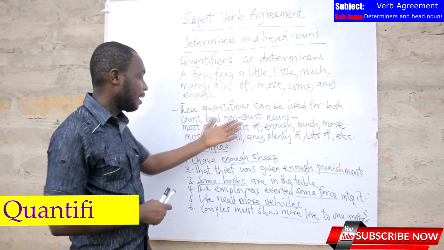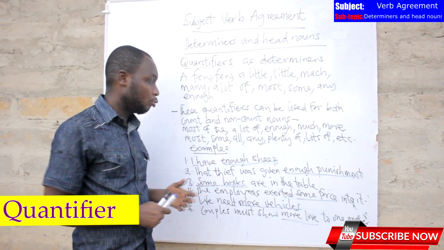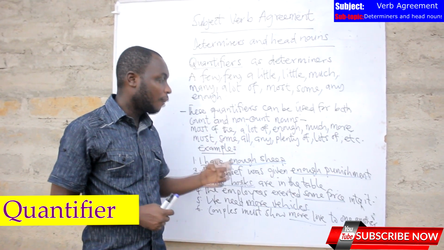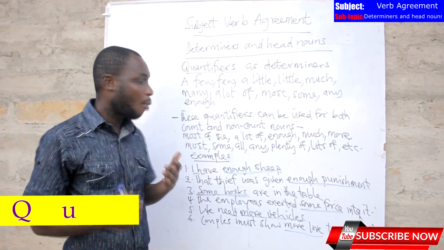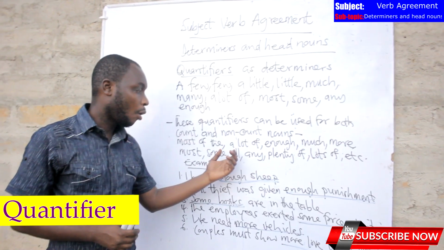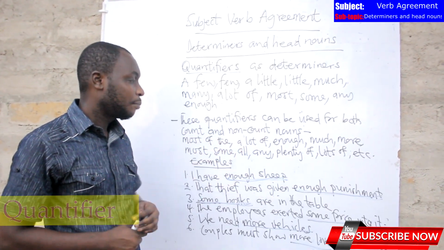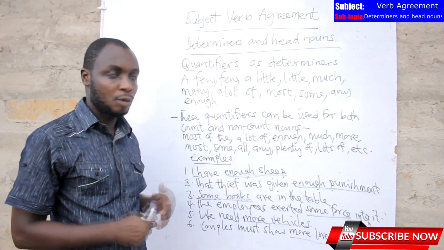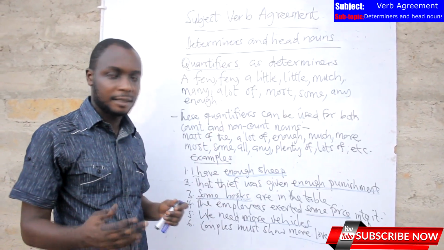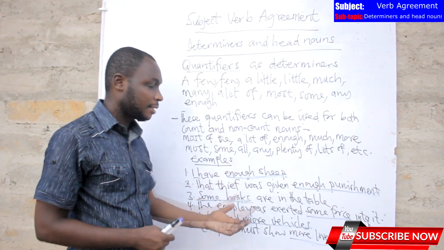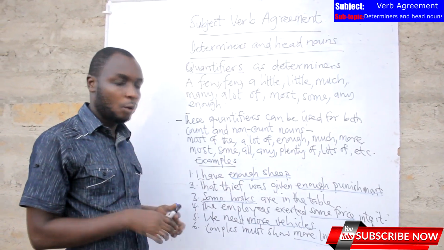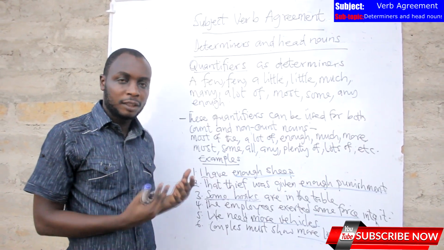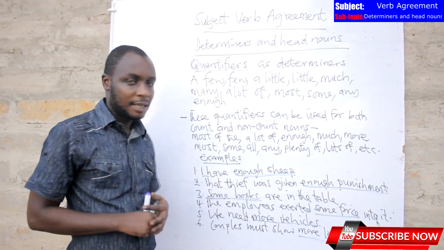These are the quantifiers we are going to study: most of, the, a lot of, enough, much, more, most, some, any, plenty of, lots of, etc. We have many such examples, and when it comes to these examples, we will know that these quantifiers could be used for both count and non-count nouns.